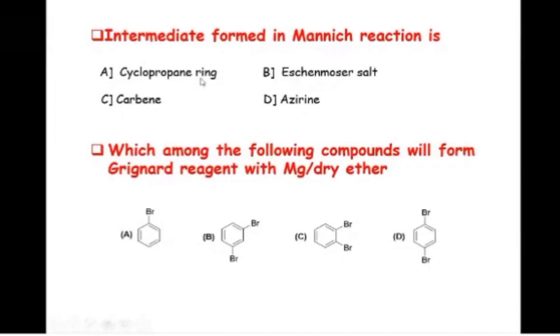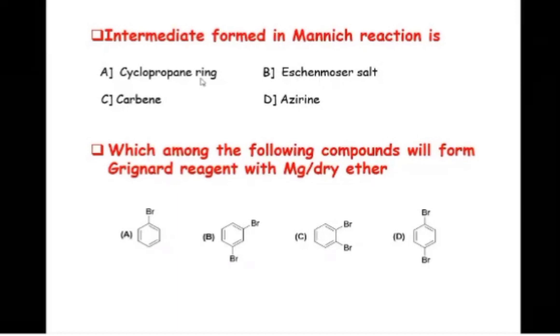Cyclopropane ring: again in the Simmons-Smith reaction, cyclopropanation takes place, or in the Corey-Chaykovsky reaction also cyclopropanation takes place. Then Eschenmoser salt. See, the intermediate from the reaction of secondary amine with formaldehyde under acidic condition, whatever that iminium salt formation takes place, that iminium salt is nothing but Eschenmoser salt.